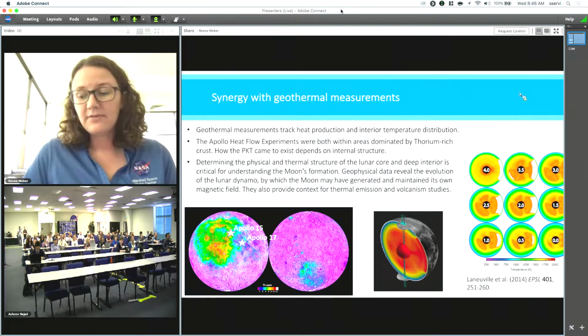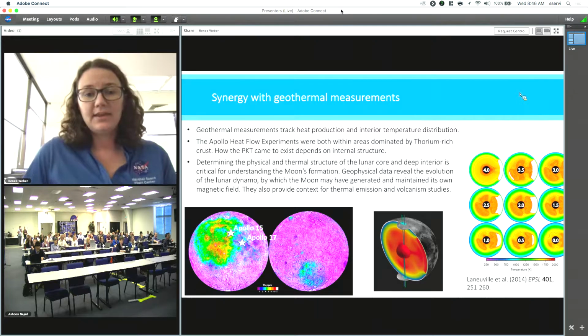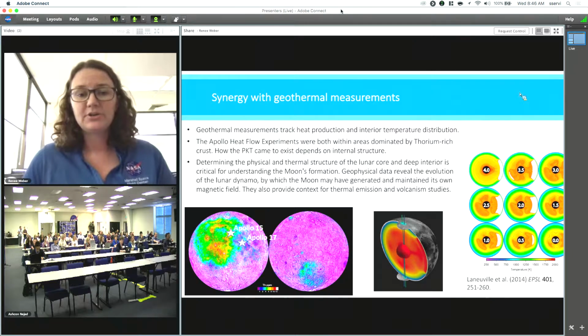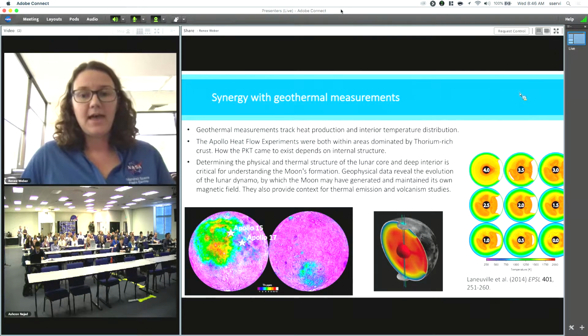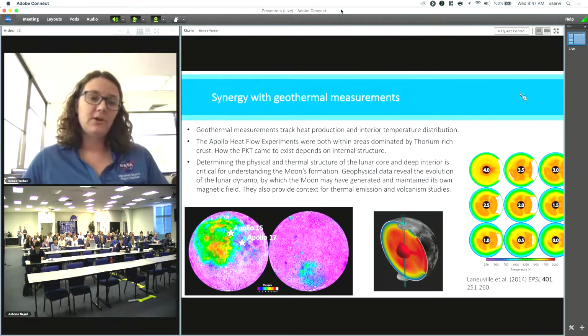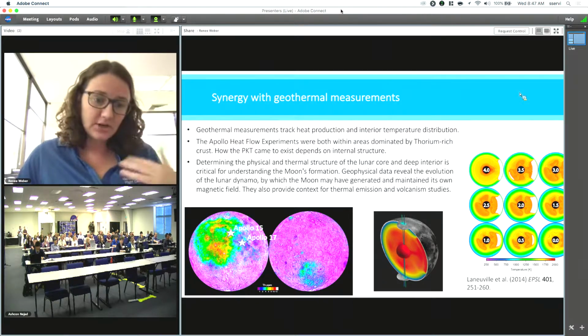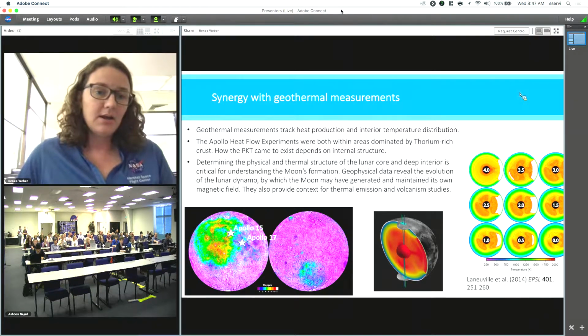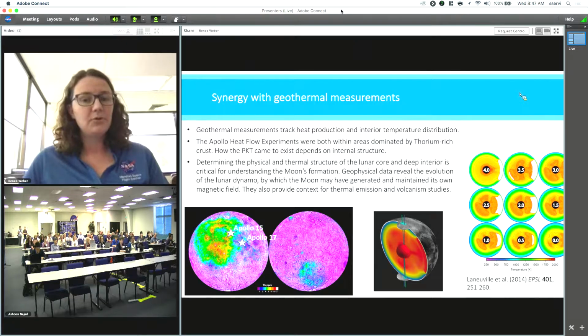And I just want to point out that these measurements also have synergy with geothermal measurements. So geothermal measurements track the heat production and the interior temperature distribution of the moon. We know from Apollo that both of the Apollo heat flow experiments were in an area that was dominated by this thorium-rich crust, which is considered sort of an anomaly. And how this came to exist really depends on the internal structure of the moon.